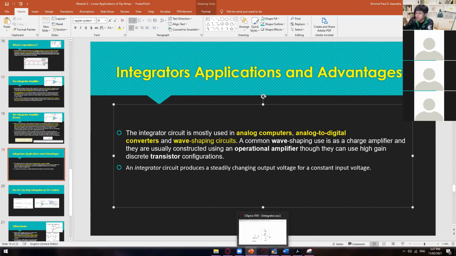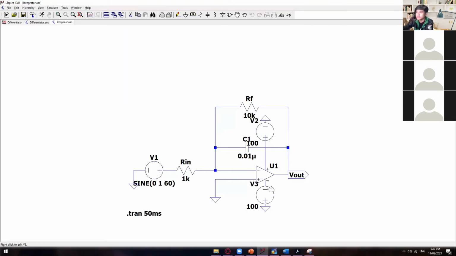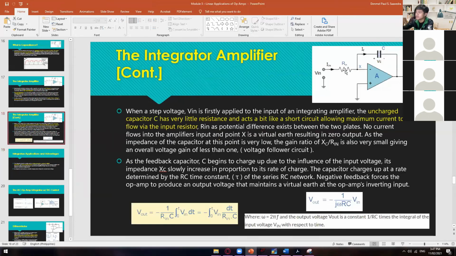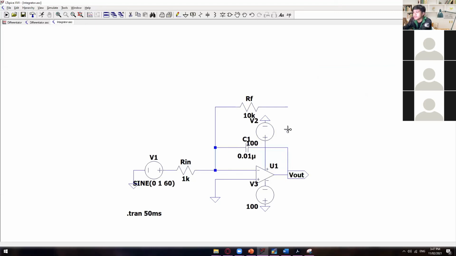All right, so let me show you guys this one. So this is the circuit, the circuit of the integrator.